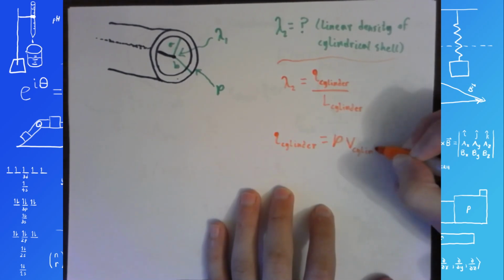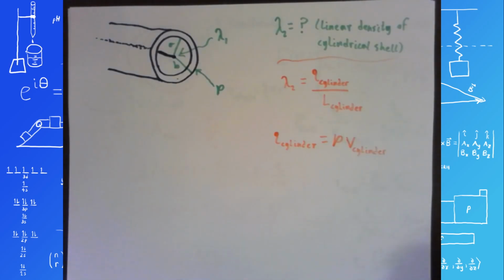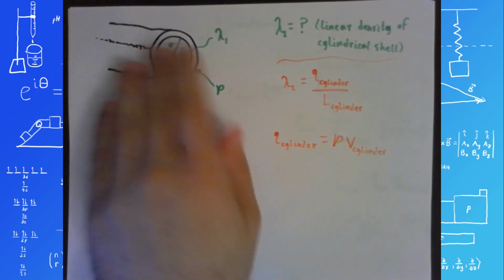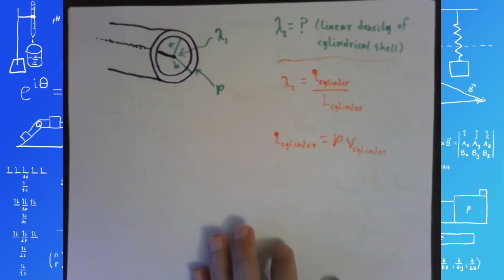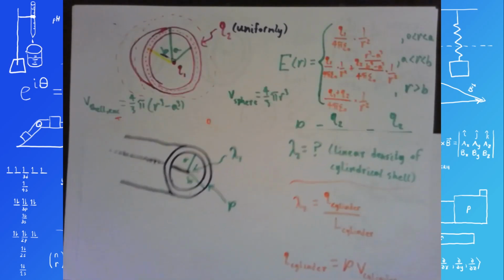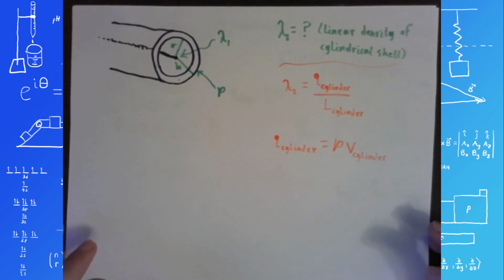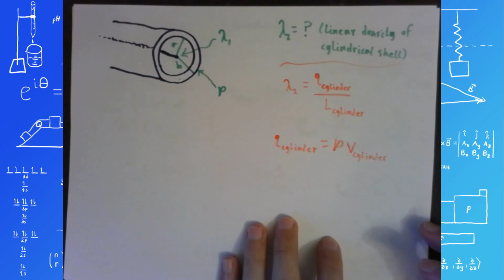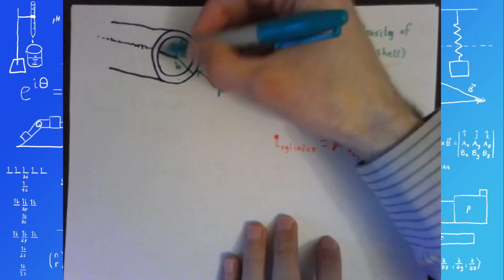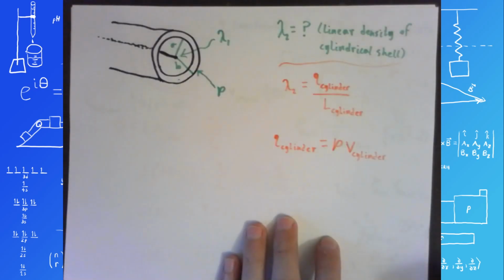I should be saying cylindrical shell, but cylinder is shorter to write, and this is the only cylindrical object in this whole problem, so I don't think it's too vague. Okay, how do we express the volume of that cylindrical shell? Well, it's kind of what we just did with the spherical shell. A cylindrical shell can be thought of as two cylinders, a bigger cylinder minus a smaller cylinder that got hollowed out of it.